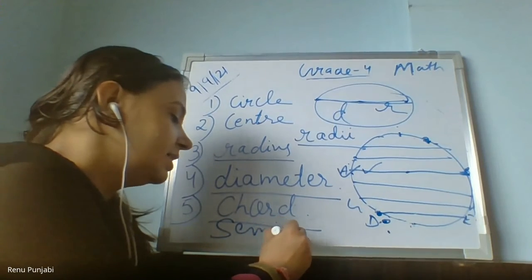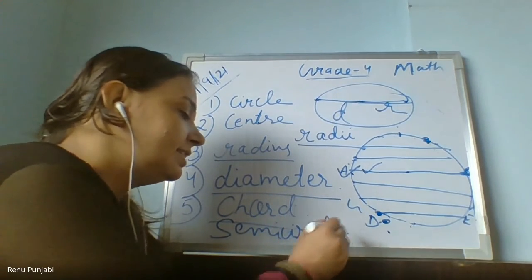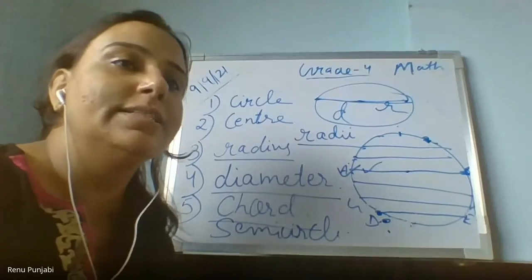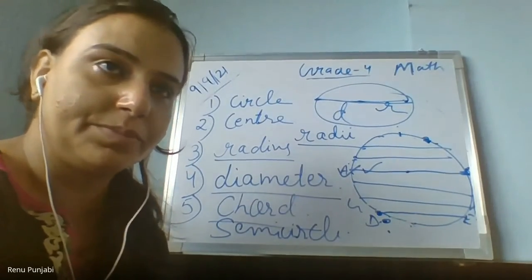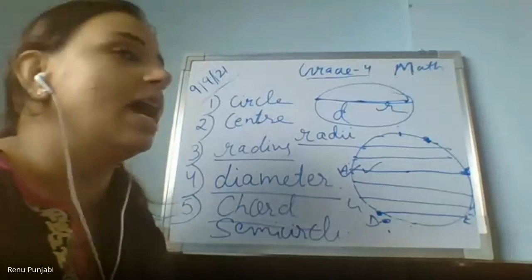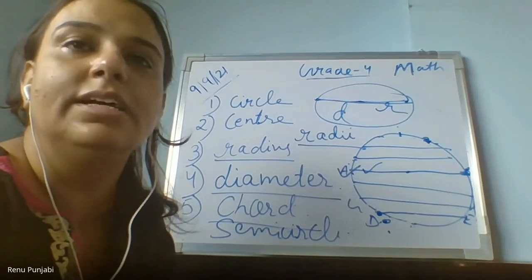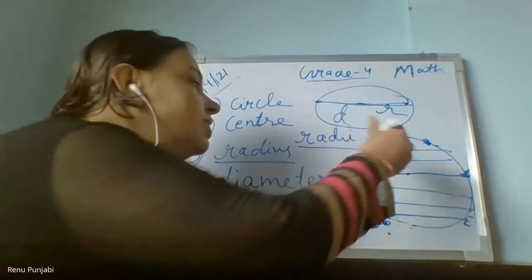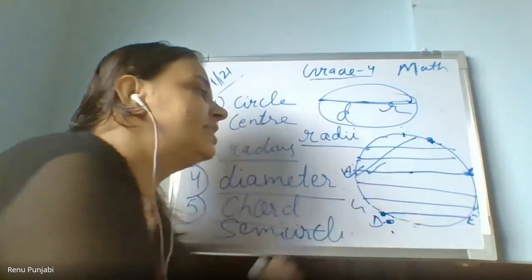What is a semicircle? When we divide the circle into, yes, he, tell me. Ma'am, can I tell? Half circle. A semicircle is half the circle. When we divide the circle equally into two halves, then we get the semicircle. Suppose if I divide the circle in this way, is this a semicircle?